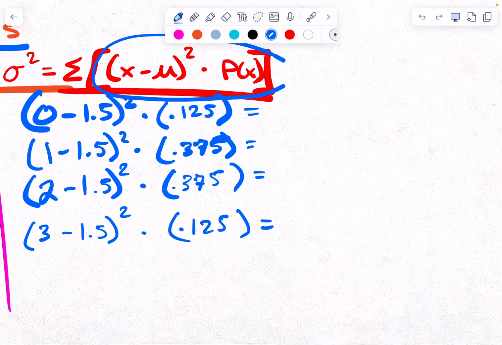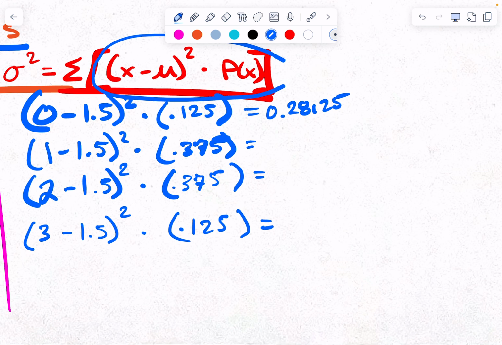Okay, calculator. This is the first row times 0.125. 1.5 squared times 0.125. I got 0.28125. We don't necessarily have to go that many decimal places, but we will. 0.5 squared times 0.375.